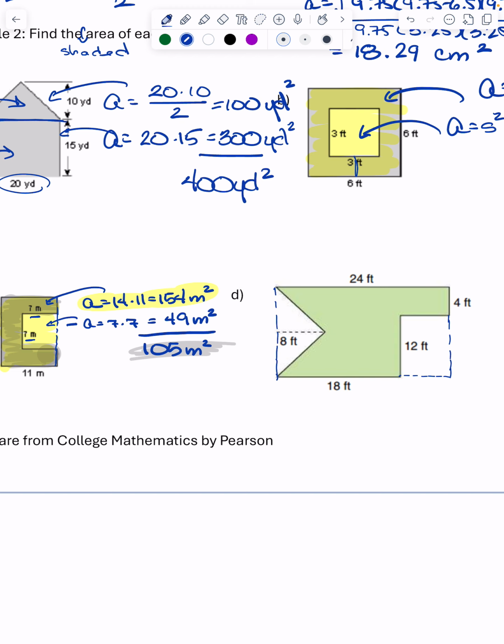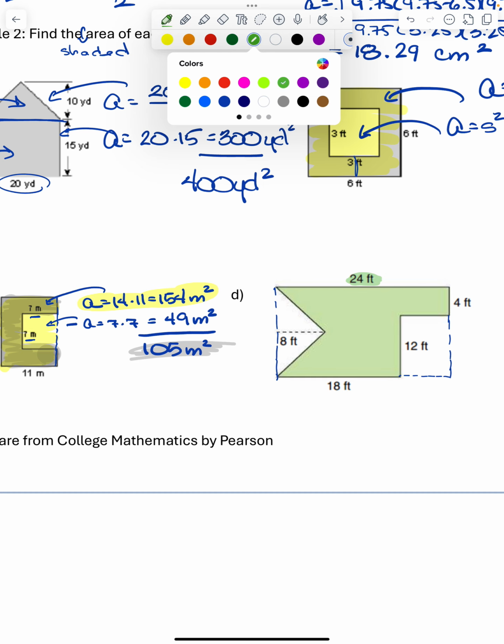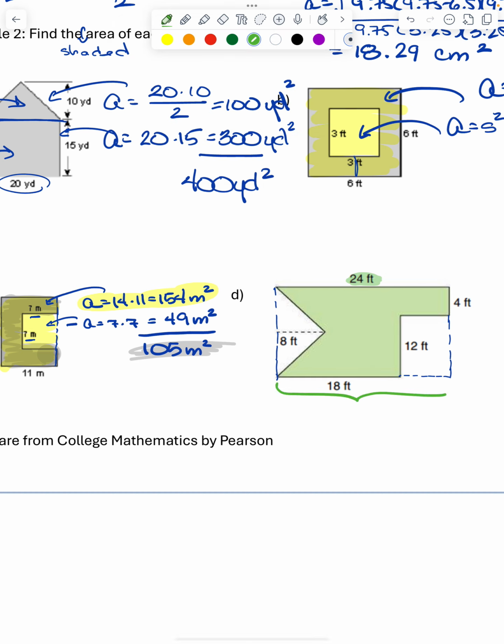I got one side labeled 24 feet, which means my other side has also got to be 24 feet. Which means if I've got part of it labeled here as 18, I know that this little chunk is 6 feet. Kind of helps me out to fill everything in to start.